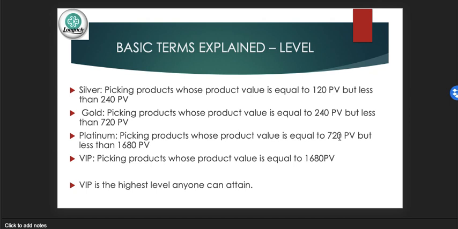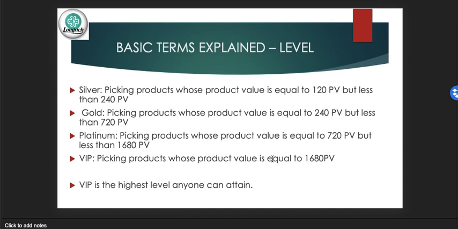Platinum, you have products of 720 but less than 1680, you are a Platinum customer. But for VIP, you are picking products whose value is equal to 1680 or more. So you could do 1684, 1685, 1700. Some people, because of the kind of products they pick, their PVs go that high. You are a VIP member.